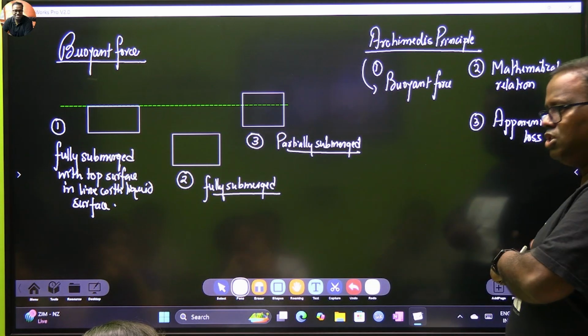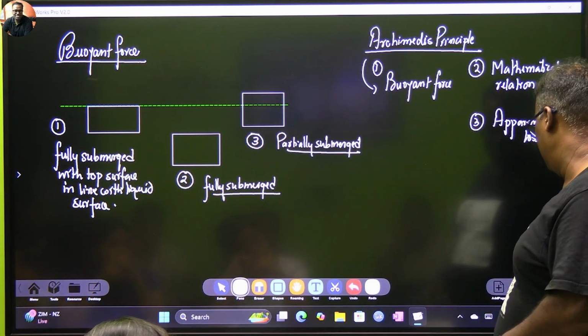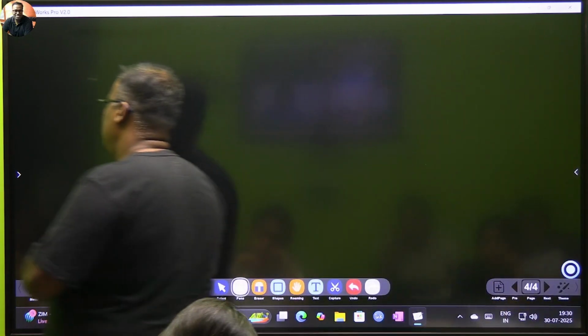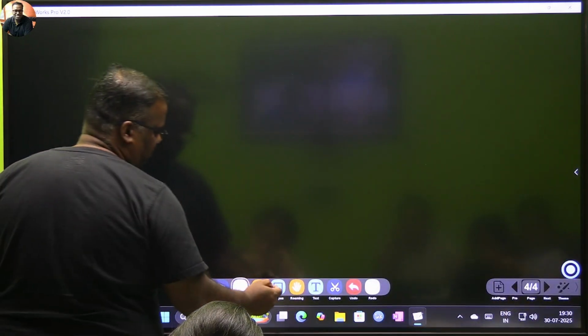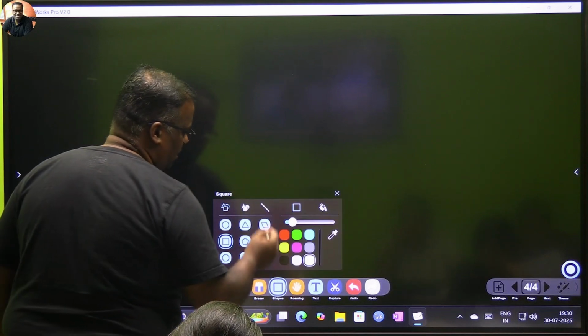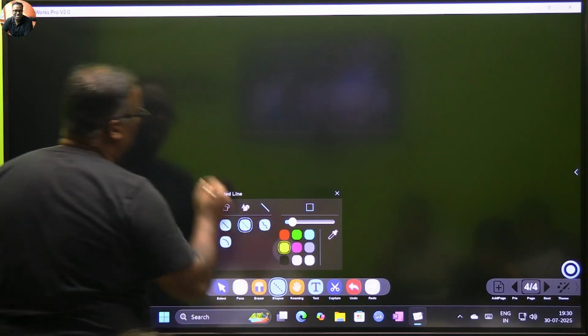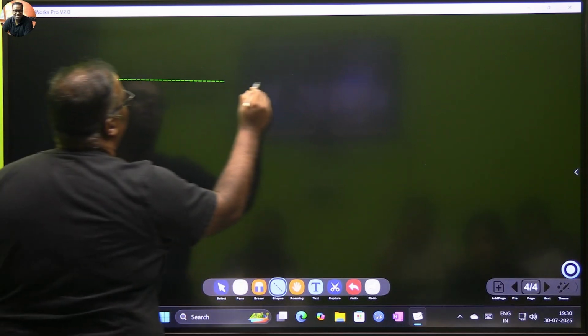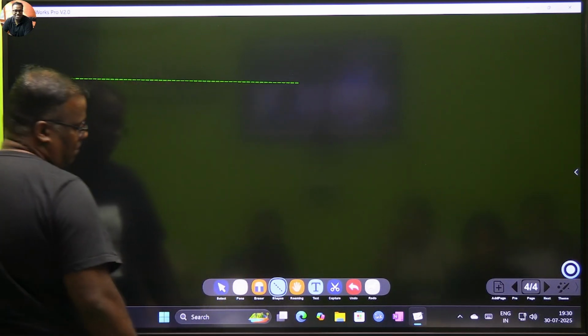अब जरा उस चीज को देखते हैं, इसमें वापस आएंगे, ठीक है? Let's go one step more and try to understand what is this concept of apparent weight loss. So let's say this is my liquid surface, right?